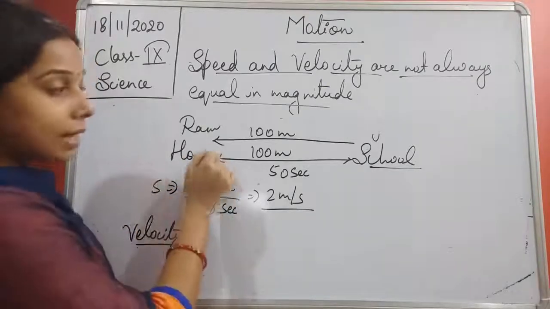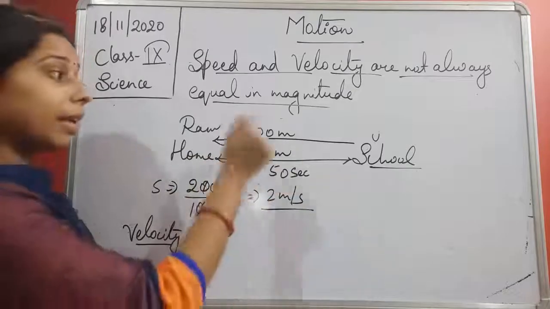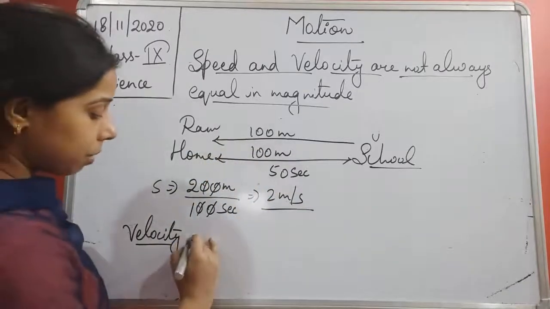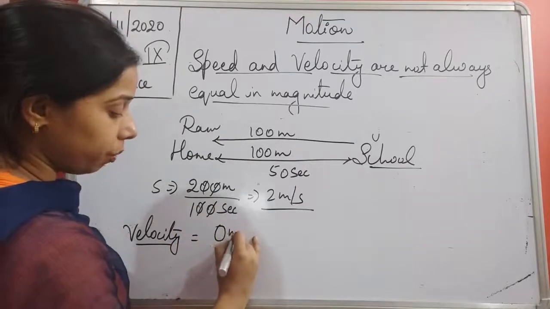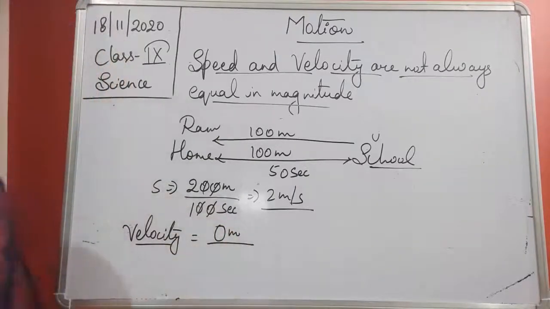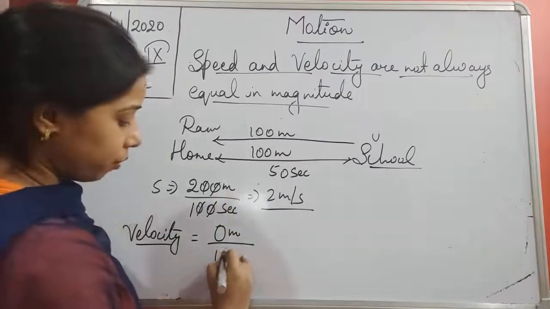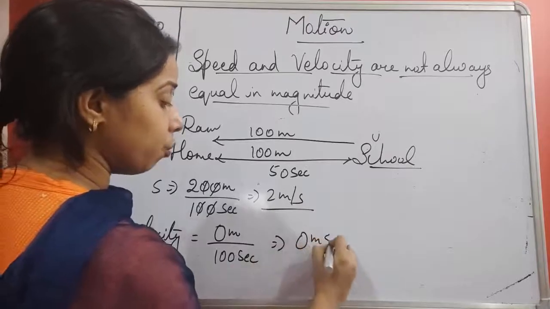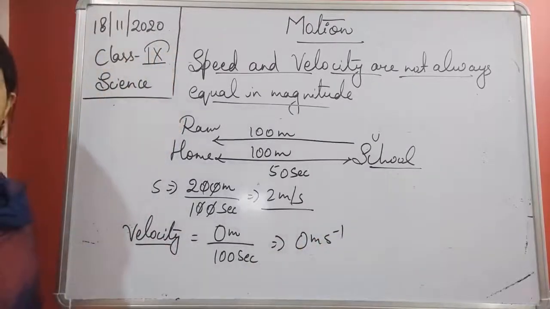It started from this position and again reached the same position. So the displacement will be 0 meters, and the time will be 50 plus 50, that is 100 seconds. So ultimately the answer will be 0 meters per second.